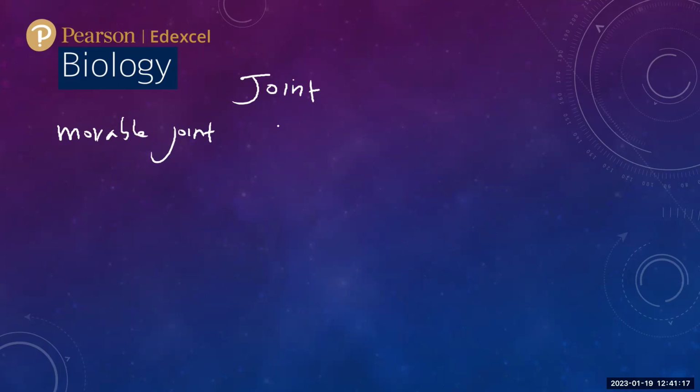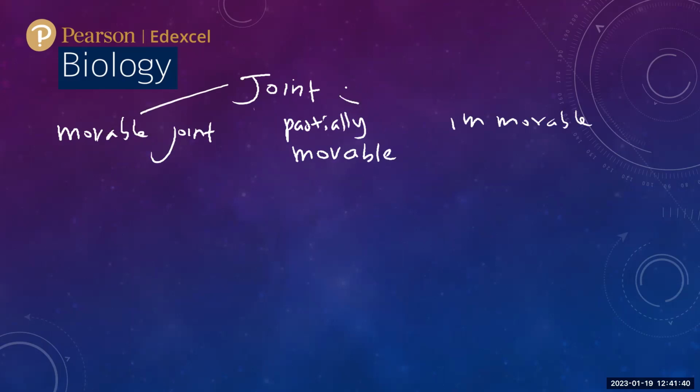And some joints we can move a little bit, so partially movable. And some joints we can't move, so they are called immovable. So we can divide into 3 levels based on the movement of the joints.